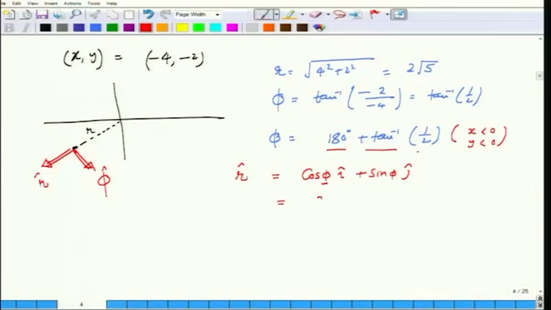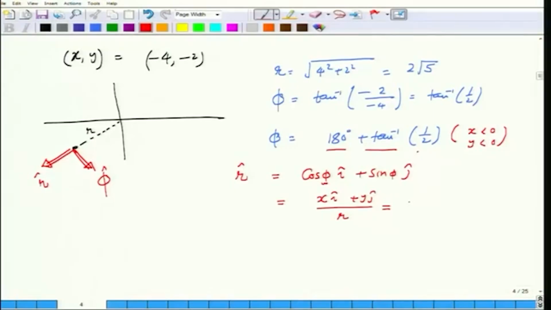On the other hand, if I write it directly as xi plus yj over r, then that sign is automatically taken care of, and this would turn out to be minus 4i minus 2j over square root of 5.